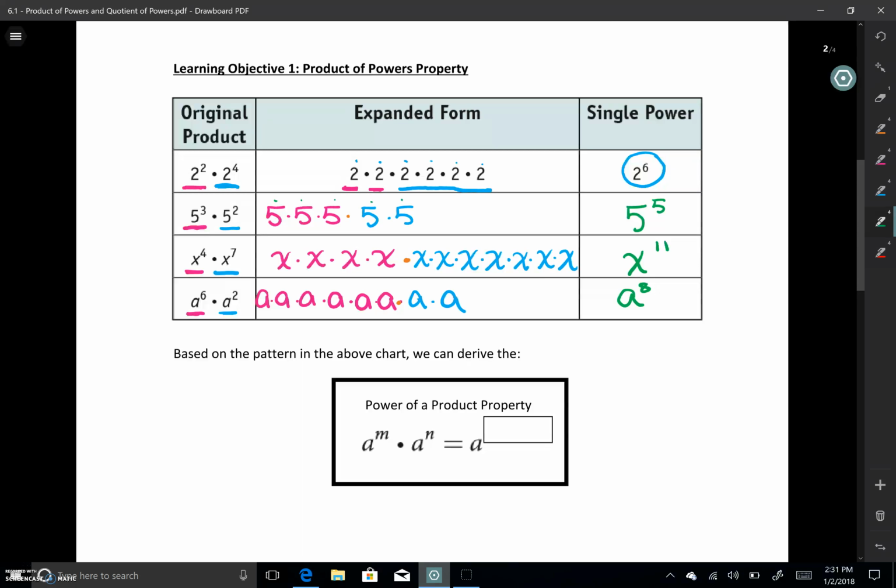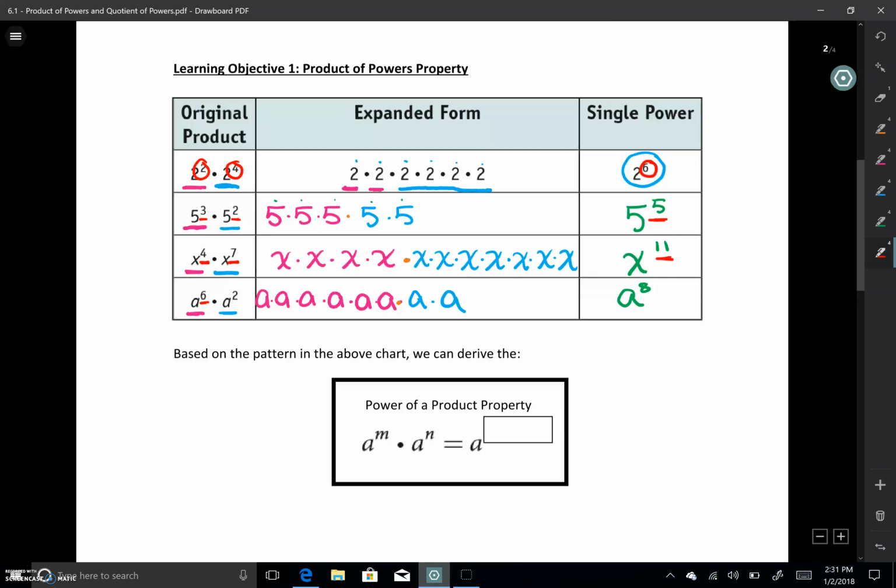What I also want you to notice is that in the powers up here, 2 and 4, if I add those together, I get this 6. The same thing with the second line. I have 3 and 2. If I add 3 plus 2 together, look what happens. I get 5. If I add 4 and 7, I get 11.